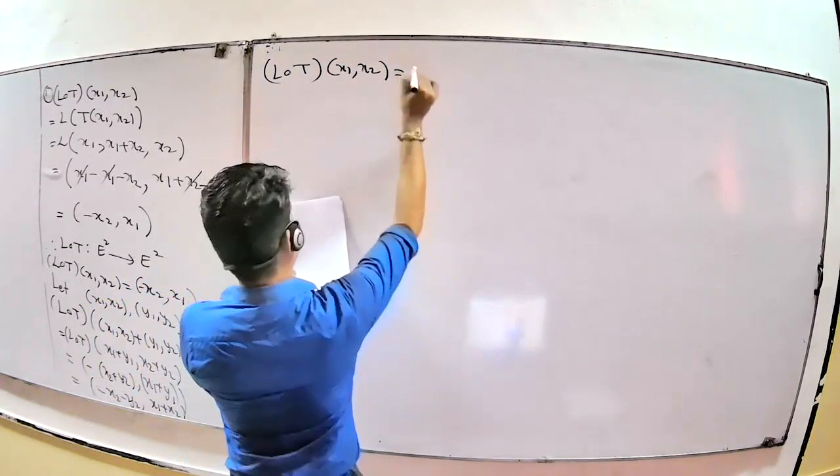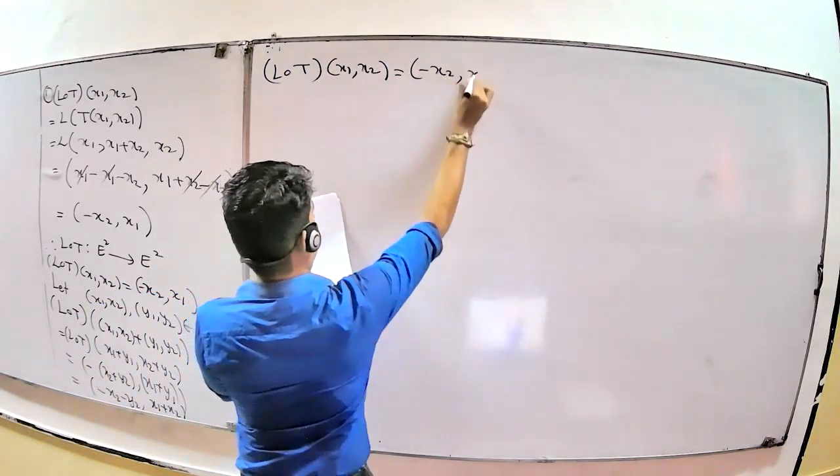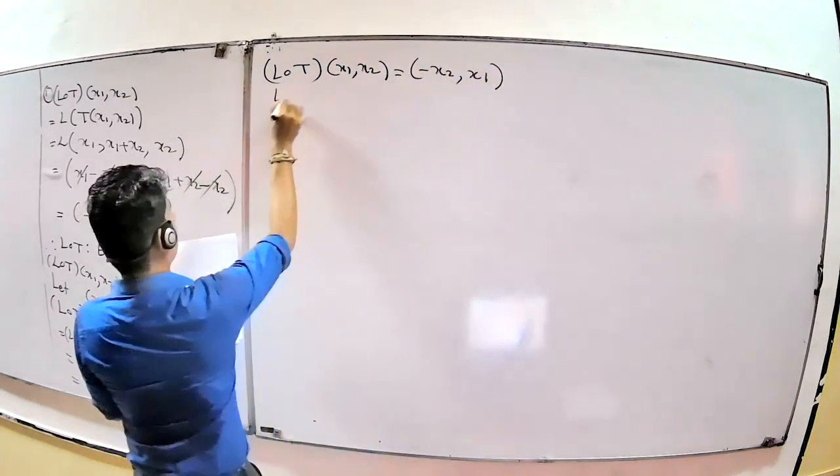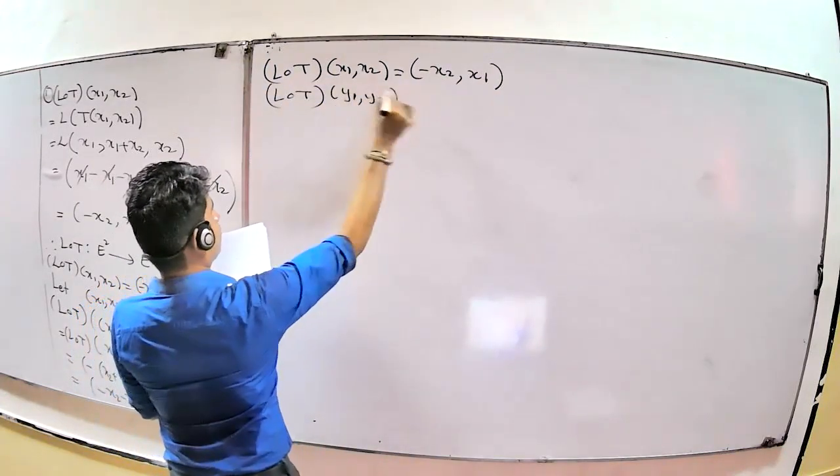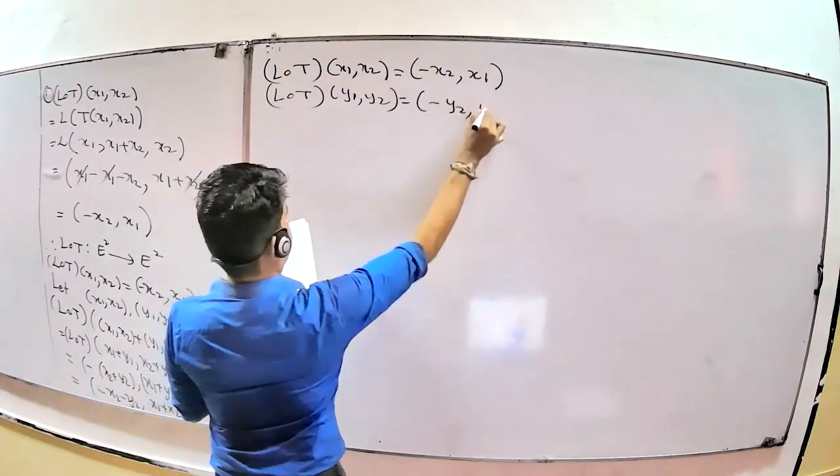Minus x2, x1. Similarly L composition T of y1, y2 is minus y2, y1.